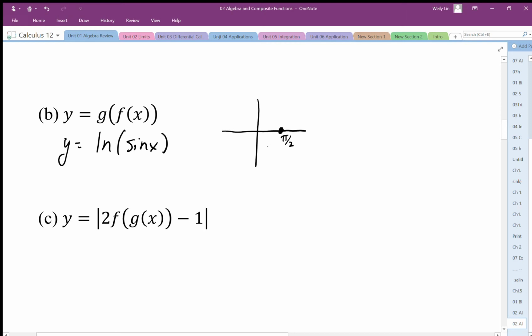So we're going to end up having the graph go down like this. It's going to max out here, and then at pi we should end up having the graph go back down to -infinity. It should be relatively symmetrical, so it's going to go down like that.